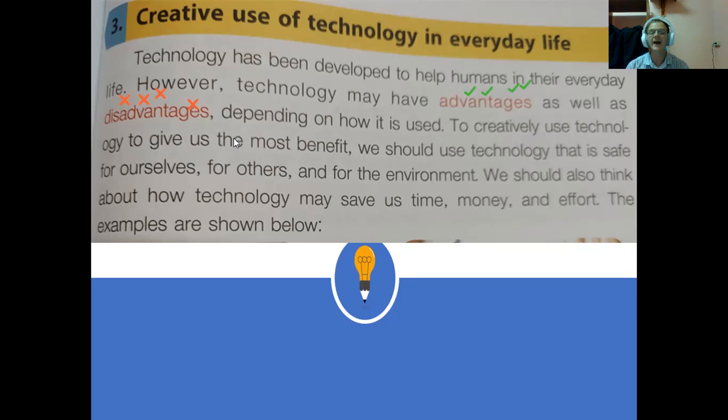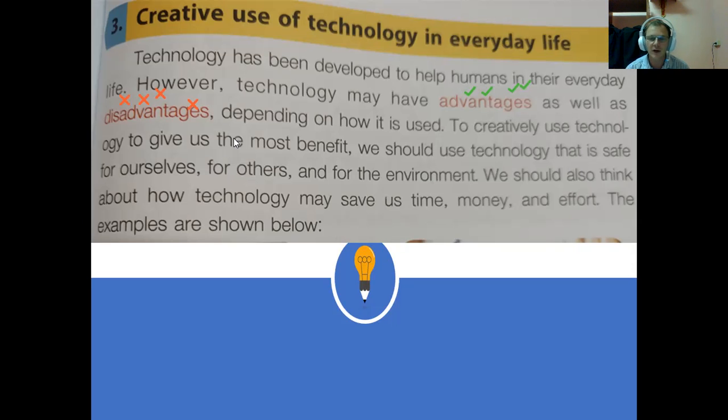We want to try and preserve it for as long as possible so that we can also live our lives as best as possible. So we should also think about how technology may save us time, money, and effort. And the examples are shown below.